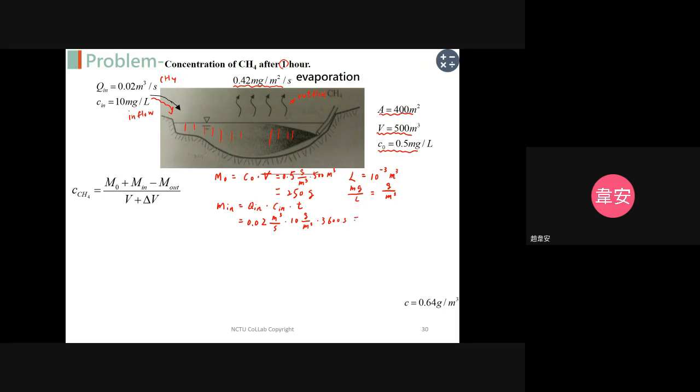And you can compute how much mass is contributed from the inflow. So use your calculator, 0.02 multiplied by 10 and then multiplied by 3600. So it's equal to 720 g. And what is the out?